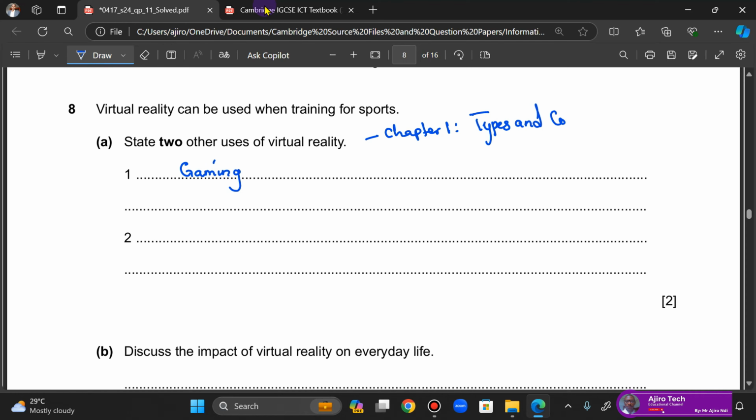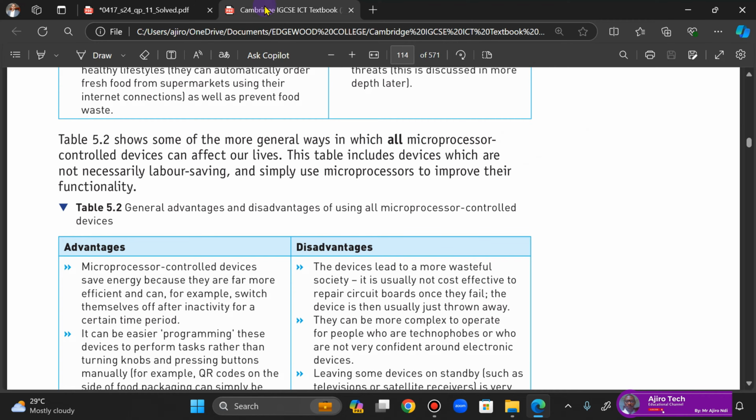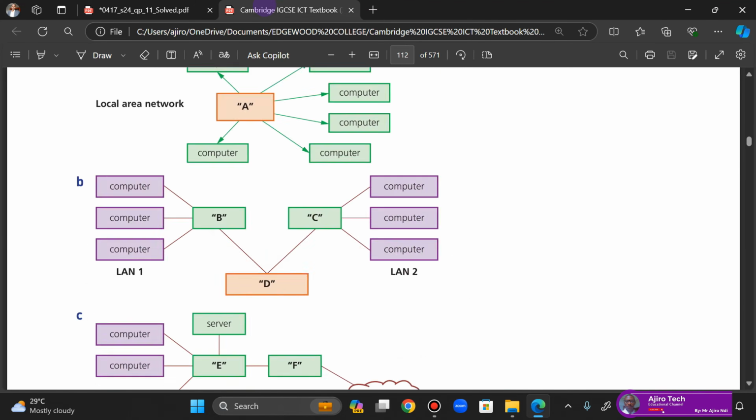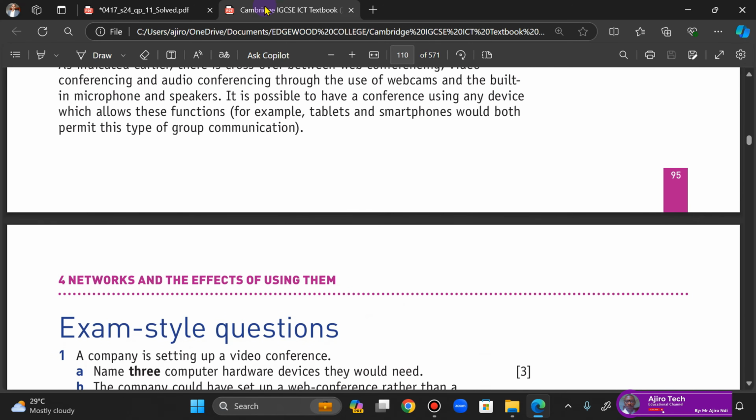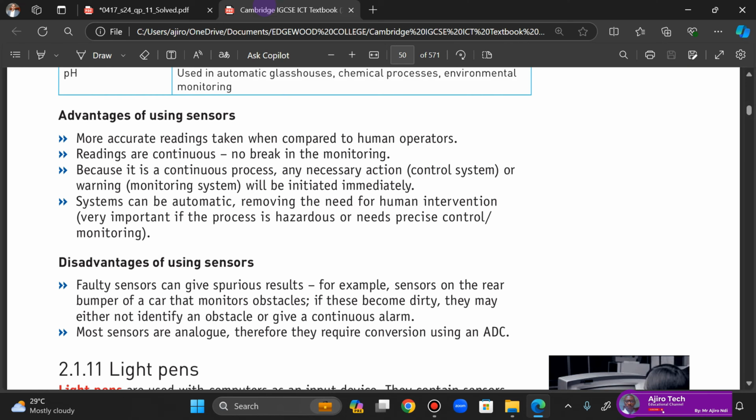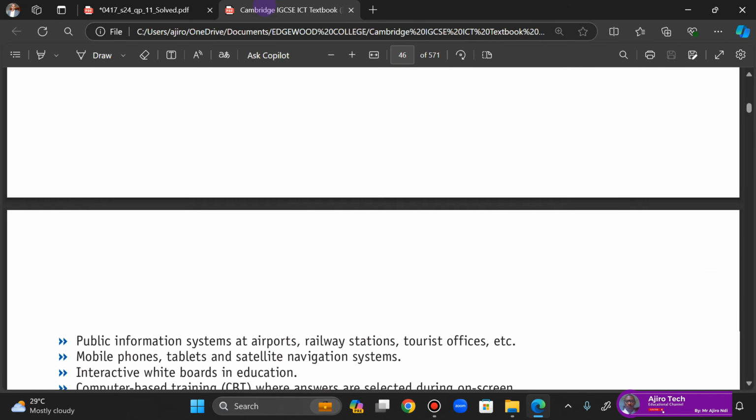Types and components of computer systems, and here you see it under extended reality.